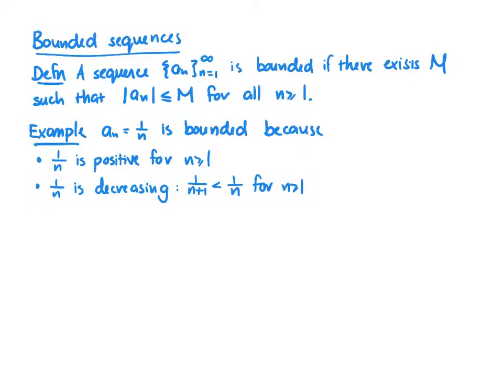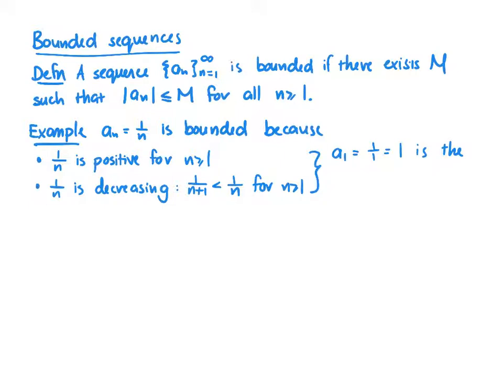What these things tell us is that a sub 1, which equals 1, is the greatest term in the sequence, because everything afterwards is smaller.